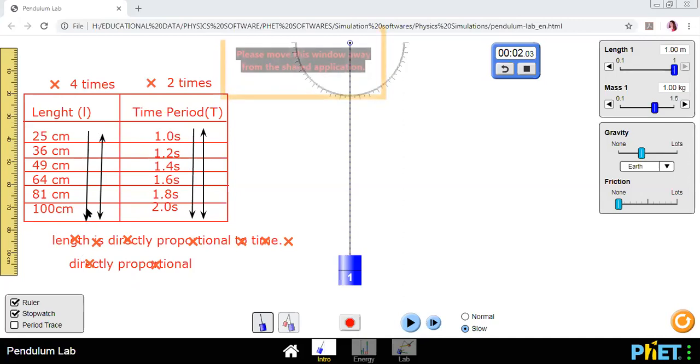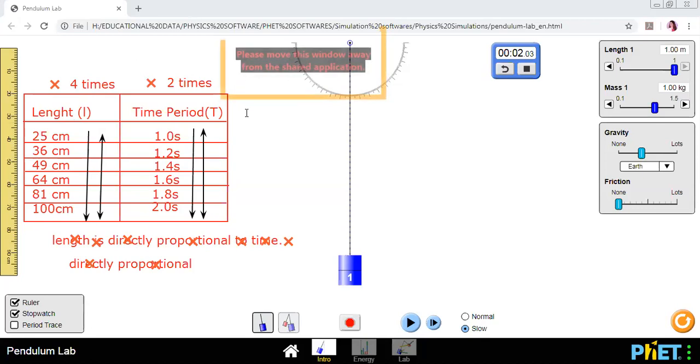All of you understanding this, beta? The time period is increasing by 2 times, whereas the length is increasing by 4 times. So that's why time period and length are not directly proportional, because for something to be directly proportional, it has to increase in equal proportion. Here, though they are increasing, they are not increasing in equal proportion.